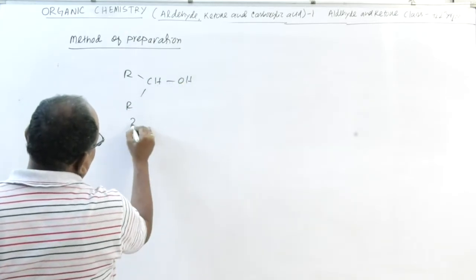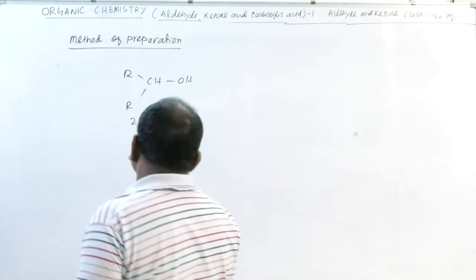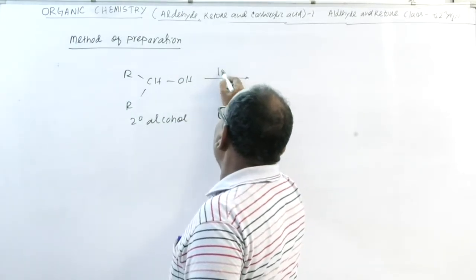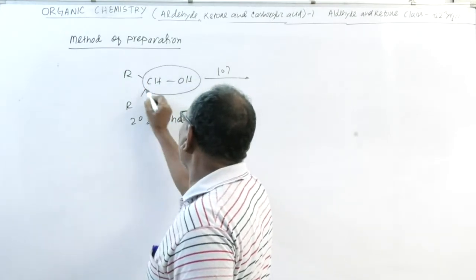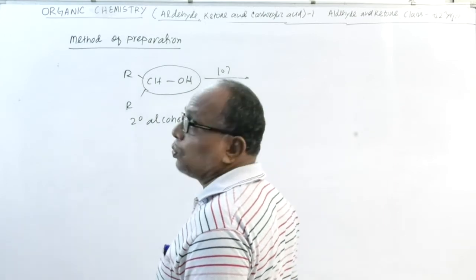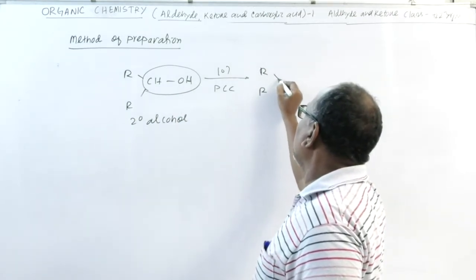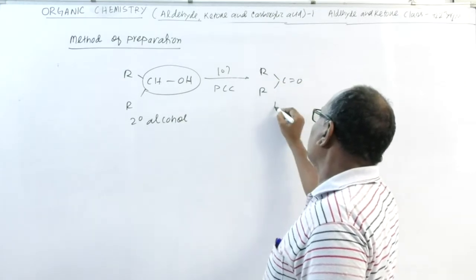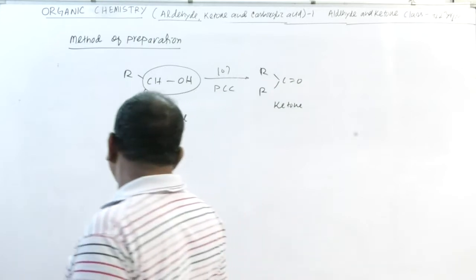This is your secondary alcohol. When the secondary alcohol is oxidized with PCC, the secondary alcoholic group gets oxidized to a ketone that becomes RRCO. This is your ketone. Suppose you take propanol-2.